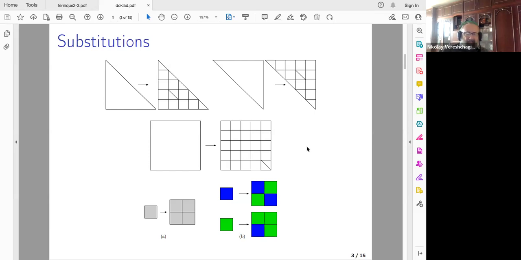Every correct tiling by these colored tiles has a unique composition, which is again a correct tiling of the plane. And this implies that every tiling by those tiles admits infinitely many decompositions and hence is aperiodic.